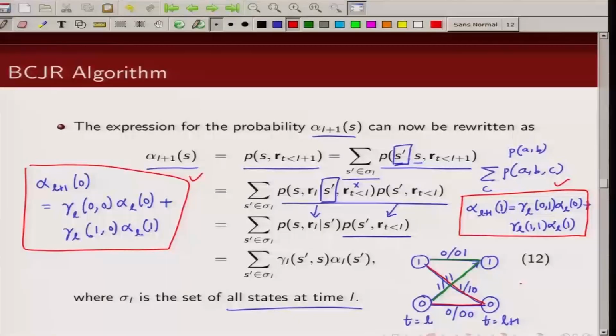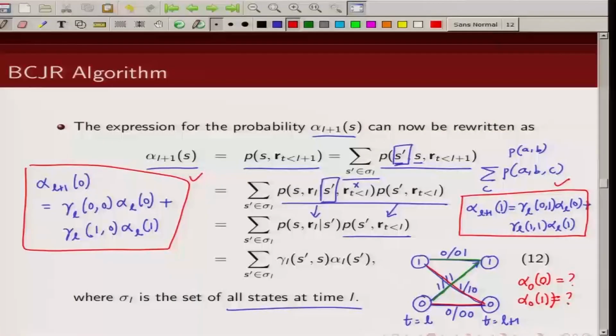So, what is the initial condition? We need to know the value of alpha 0 for different states, for state 0, for state 1. Note that initially we assume that the encoder is in the all 0 state.